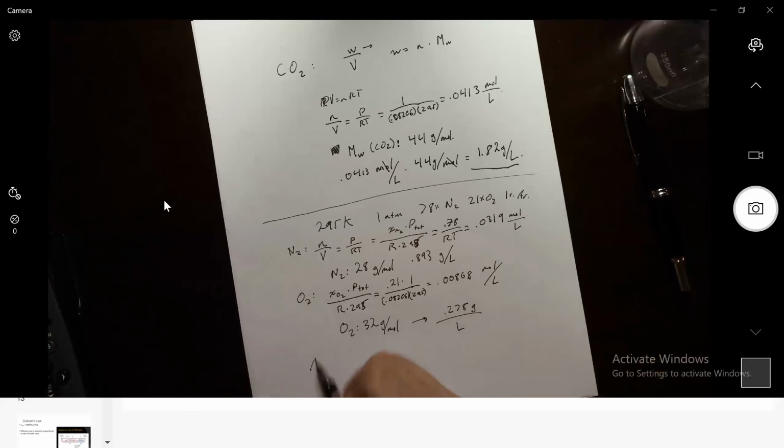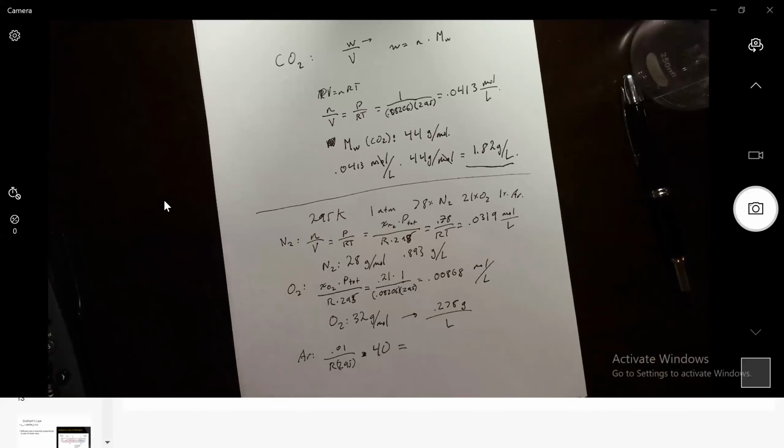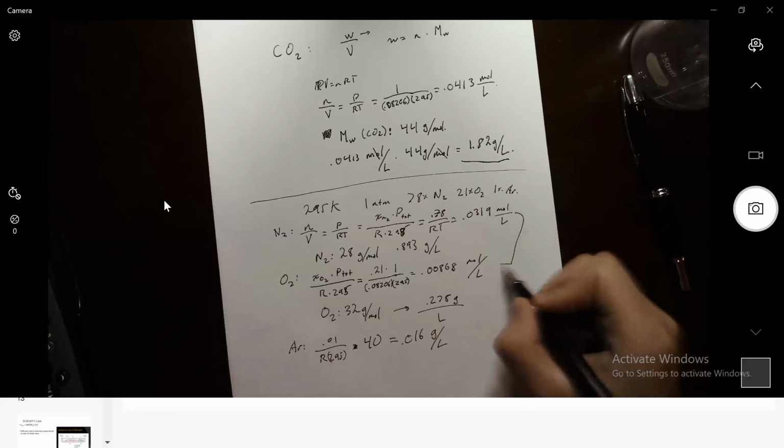And I'll just do argon for you. So 0.01 over R times 295 times 40 equals 0.016 grams per liter.